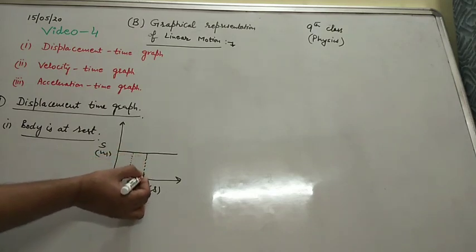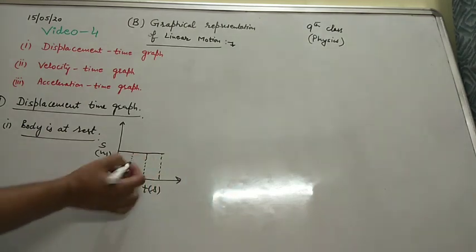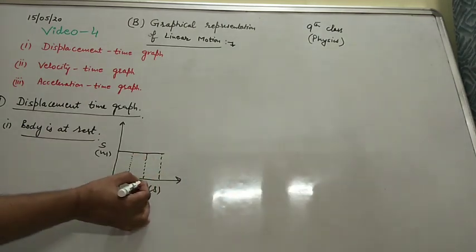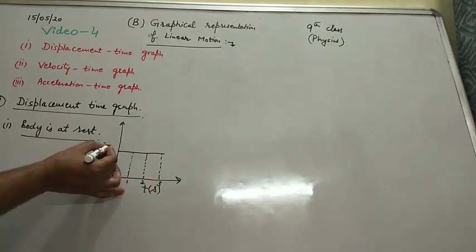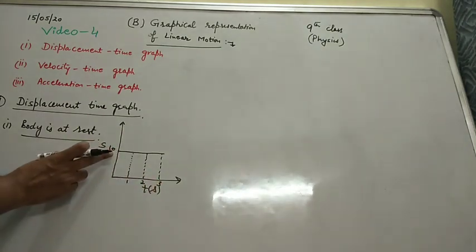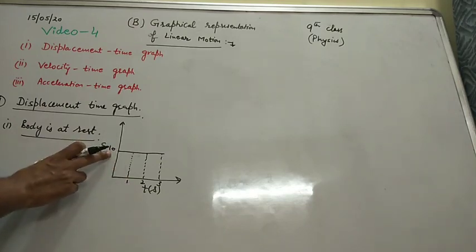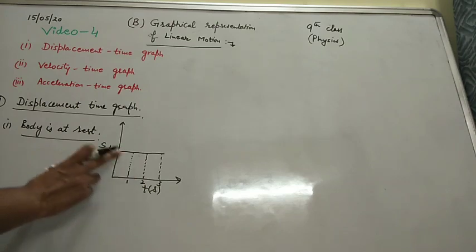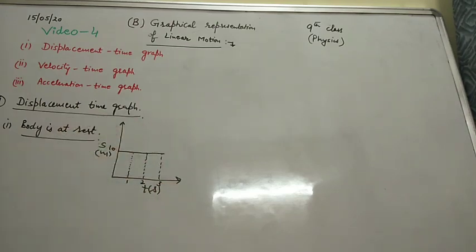For different intervals, this line will remain the same. Suppose it is at 10 meter. For 1 second it will remain at the same position, for 2 seconds at the same position, for 3 seconds at the same position.